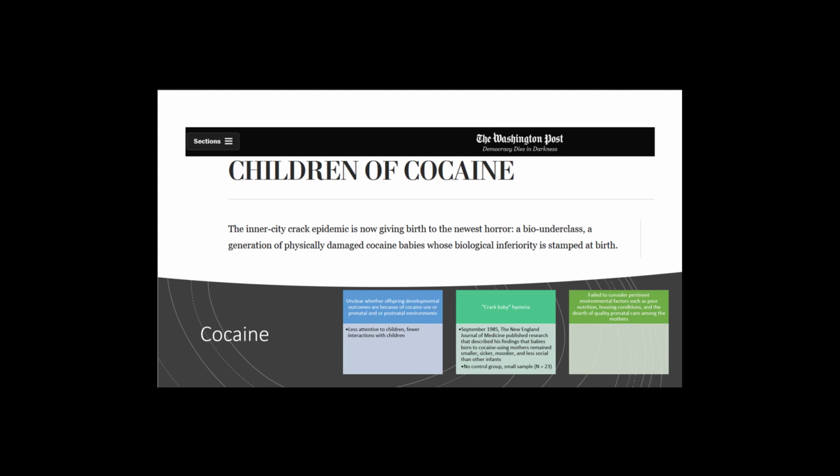So look at the assumptions built on this. Spoiler: this is going to be talking largely about Black children and Black mothers, and we are defining these children as a biological underclass stamped at birth, aka destined to live a certain life.